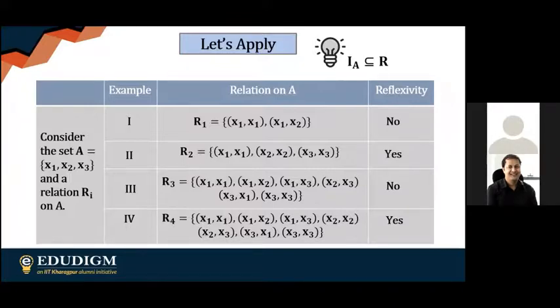So this is the basic thing you can notice here. For a reflexive relation, we can have some added pairs, but for the identity relation, that is the bare minimum you should have.